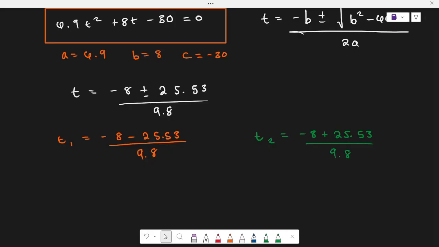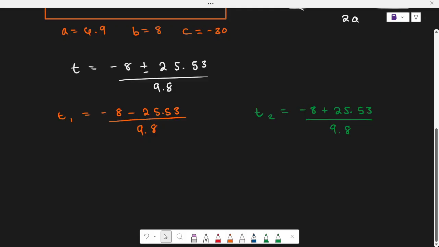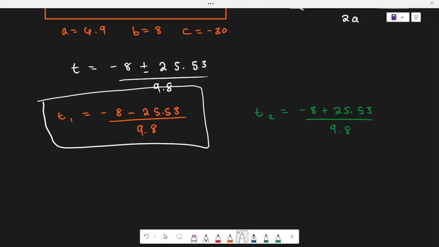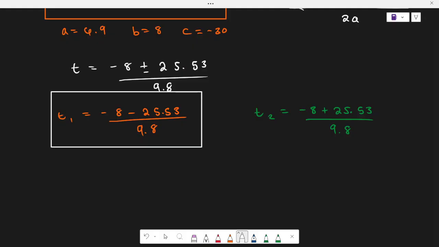Which of these two is the correct answer giving us the value of time? If you evaluate the first one, you find that you're getting a negative value for time. And we know that time is never negative, so this one automatically fails.